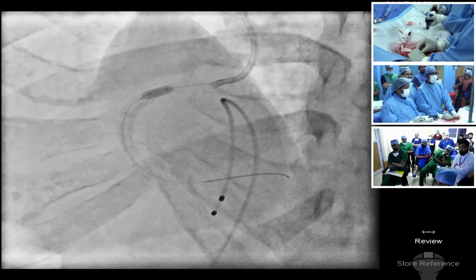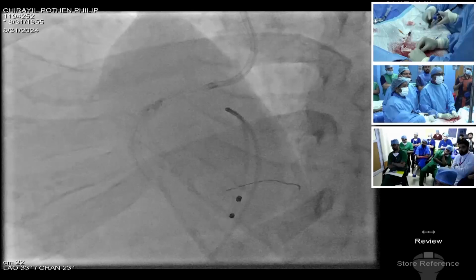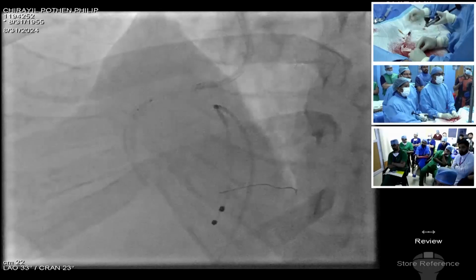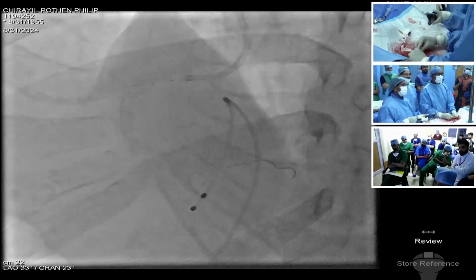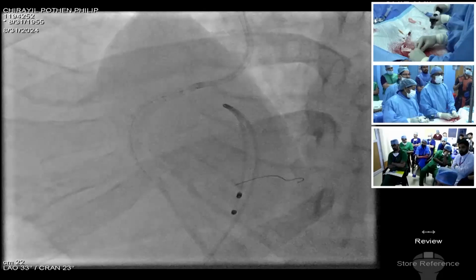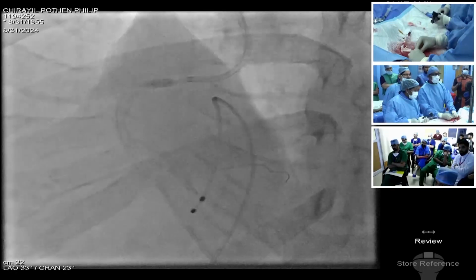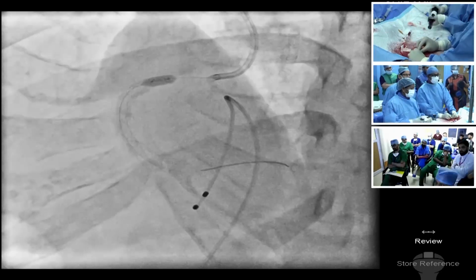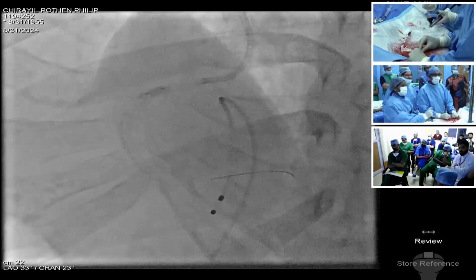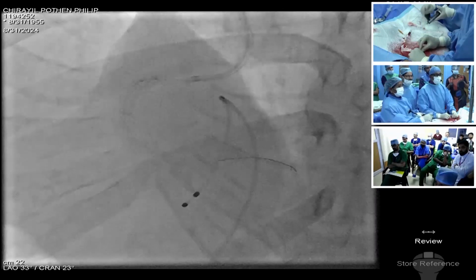Negative. That's a 4 balloon. Yes. 16, 18. Negative. Now the OCT catheter, nitro.